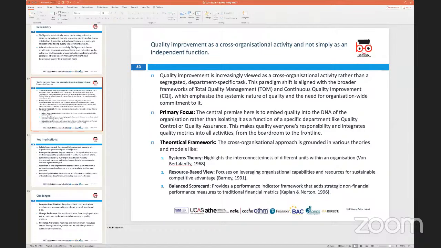So the company has been able to create something which has given it a primary advantage in the market because of the technology being proprietary. So these quality improvement activities, which can be done using systems theory, resource-based view, and balanced scorecard, take into account, let's say, measuring the performance of individuals within the organization, but with 4 aspects, looking at both financial and non-financial metrics, with financial metrics including, say, for example, profits the company is able to make on products.